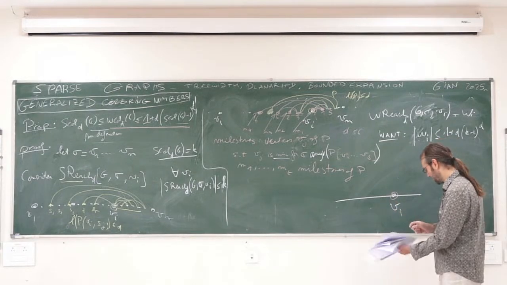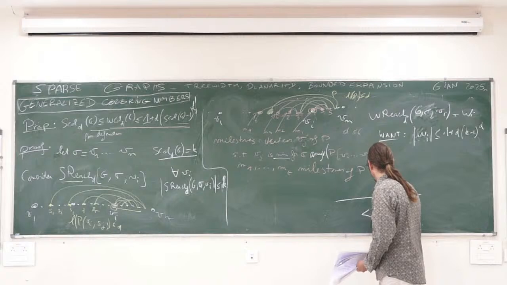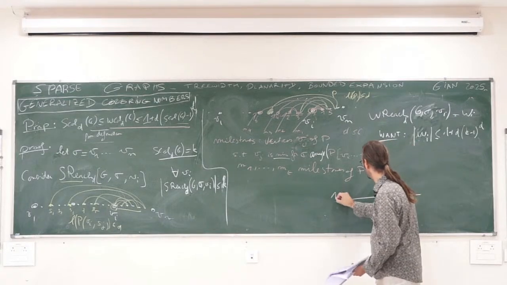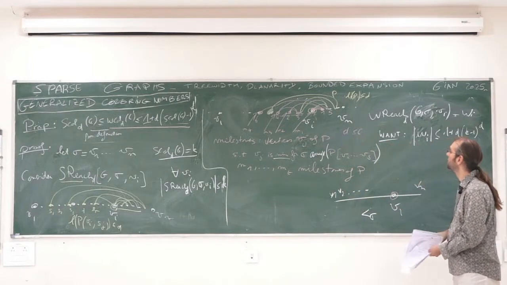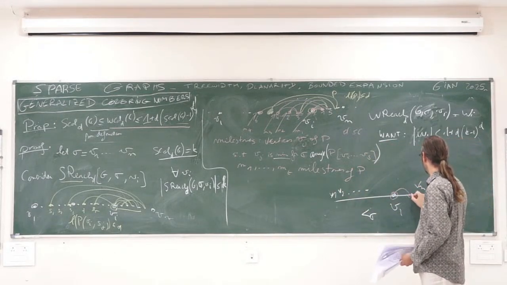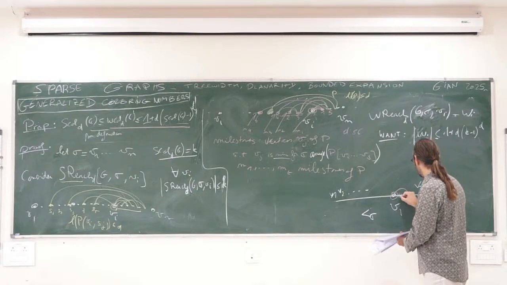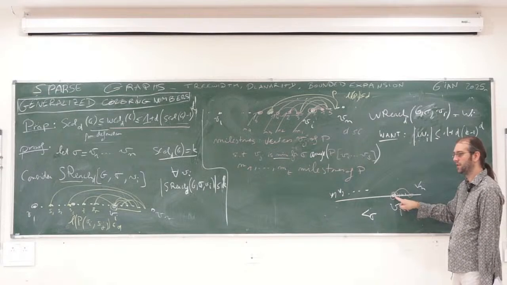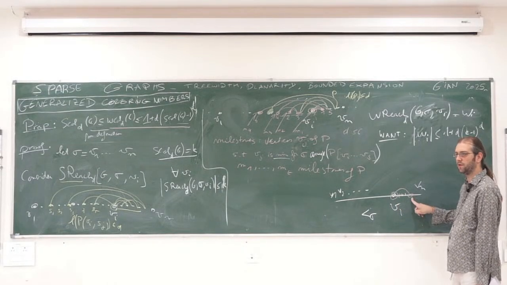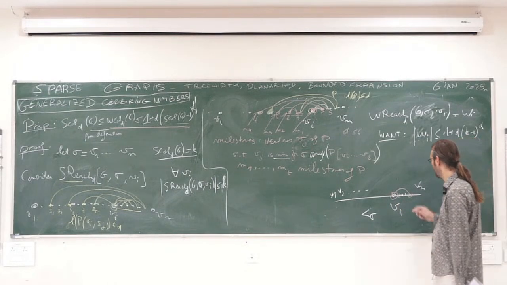I'm considering this ordering from left to right. This is 1, 2, whatever, the end. Now I'm going to the right. There could be many more vertices here, I'm just looking at the pink ones. Who is smallest? This one. He's not smallest, so I'm not taking him. He's biggest. So now I'm going back.